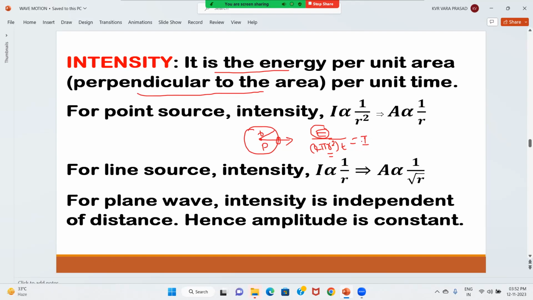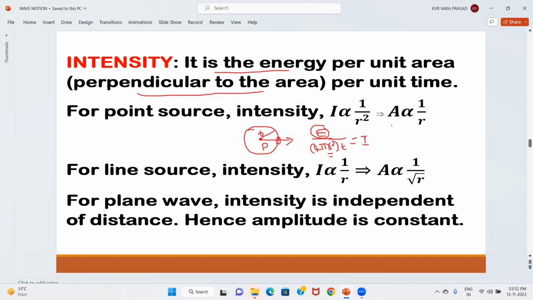And from that we can say something about amplitude. Amplitude means amplitude of oscillation of the particles. Particles vibrate about their mean positions and they have some amplitude, and that is proportional to 1 by r. Why is it 1 by r? If you remember, in simple harmonic motion we discussed that the energy of the particle is half m omega square a square, so energy is proportional to the square of the amplitude.